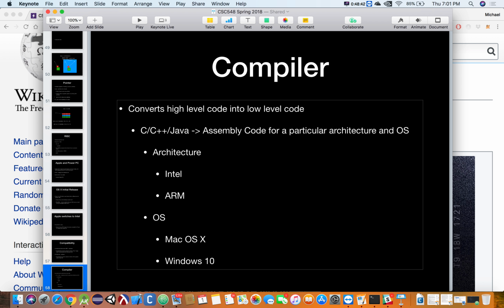So he's got an Intel Core i5 or some processor in his laptop. I have a Core i7. They're both Intel architecture, whatever. So we both have Intel architecture, and we're both running the same program, PowerPoint. So my program is targeting the identical architecture as his program, but it's targeting a different operating system, because I'm running on Mac OS X. He's running it on probably Windows 10.